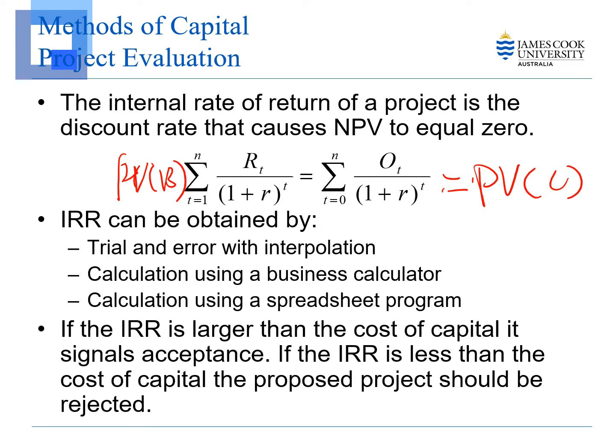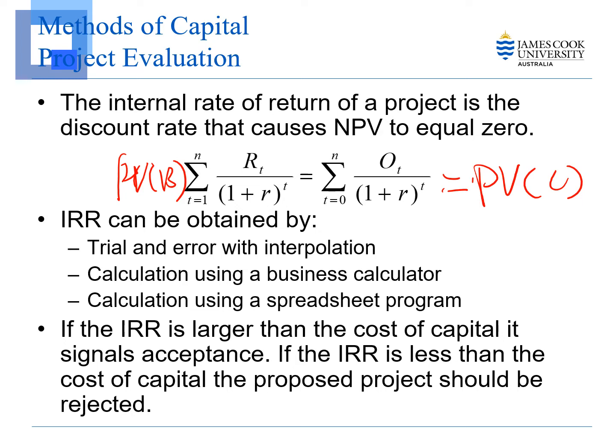In Excel, you can use the IRR function. If the IRR we calculate is larger than the cost of capital, for example, the IRR associated with my project is 8%, and I'm going to finance this project by a loan from the bank. The bank charges me 5%, so 8% is higher than 5%. Then yes, we should go ahead with this project.